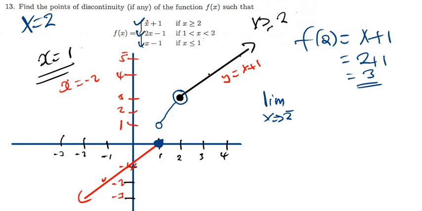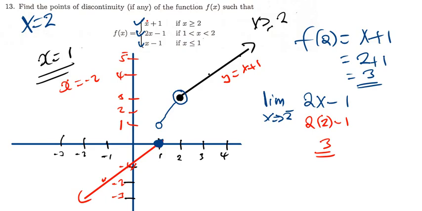From the left side, I'm going to get a function which is telling me that x should be less than 2. It can be less than or equal to, but it should be the second one. So the second one is 2x minus 1. Where there is x, let's put 2. So I'm going to get 4 minus that one, I'll end up having this.